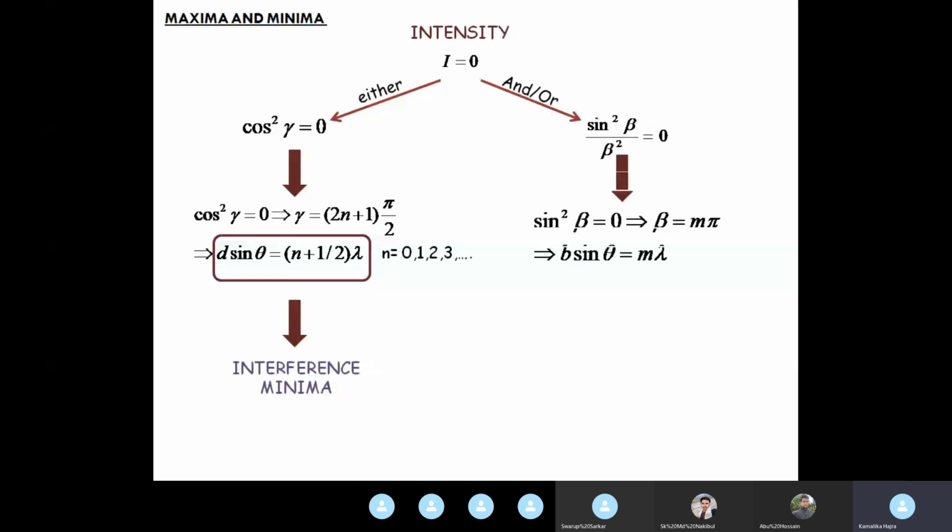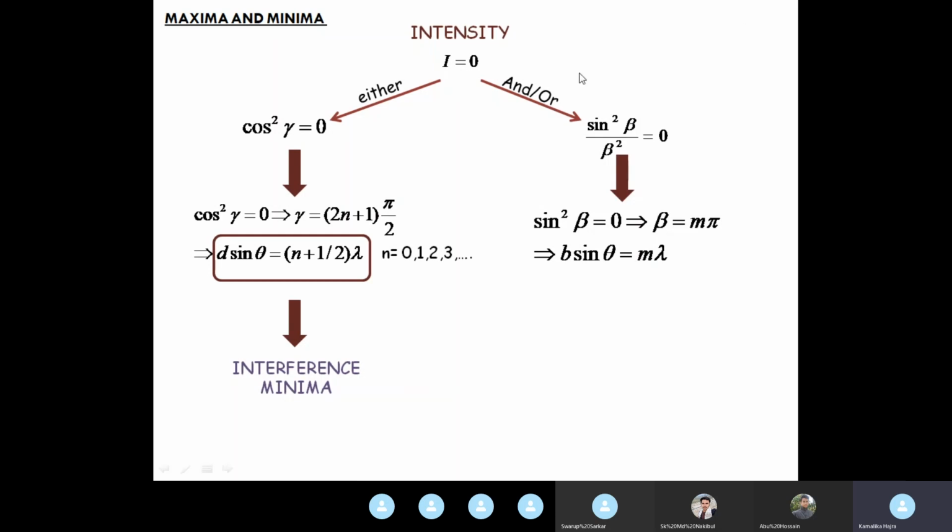On the other hand, sine square beta by beta square equal to 0 will happen when beta equal to m pi, remember, because beta equal to 0 will give the undefined condition, which is the central maxima of our single slit pattern. So that will give a condition of maxima, not a condition of minima. So the condition of minima will be obtained only when sine squared beta equal to 0 but beta not equal to 0.